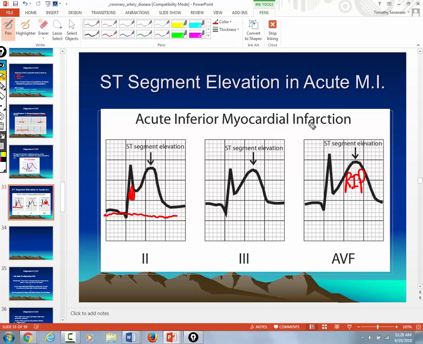You've heard of this? Never heard of it? So this is very bad. And if this person is not given medicine to reestablish that blood flow in that coronary artery, that part of the heart will die. Say yeah. ST segment depression, lack of blood flow. ST segment elevation, complete blockage of blood flow.